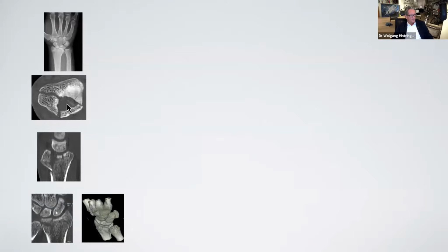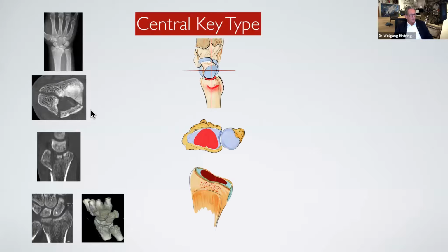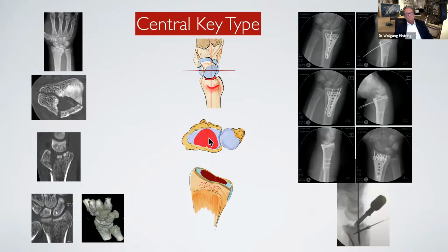As you can see here, that's a central impaction, a central key type, and there are some different solutions. You can go also in from the Vola side, drill a hole, and then reduce the impacted fragment indirectly, and then support it with some K-wires, and then put a lot of screws from two rows under the previously impacted and then reduced fragment to stabilize it.